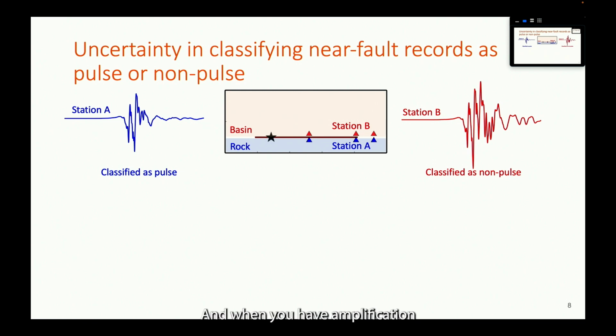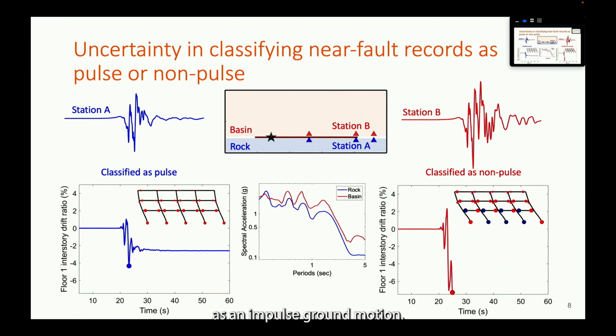And when you have amplification in soft soils, you end up having multiple cycles of those large pulses. So in reality, that ground motion may be more intense, more damaging to a structure, but it's kind of missed or classified as a non-pulse ground motion. And that's in fact what we see here. So for those two records, the one on the right that is not recognized as a pulse record ends up being much more damaging to this particular structure.